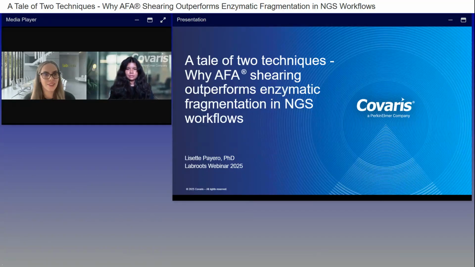Our next question here says, you discussed Illumina's TSO 500 as an important application of AFA technology. I noticed you had a slide with several other oncology workflows that also use Covaris. Have you seen similar results with those, or are there any that stand out to you? Oh yeah, absolutely. That's a great question.